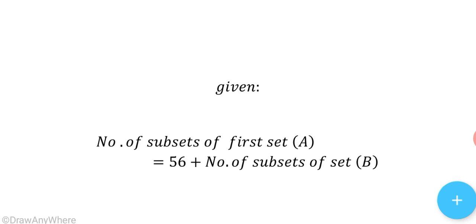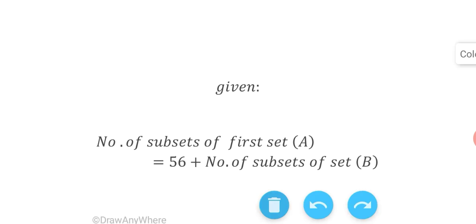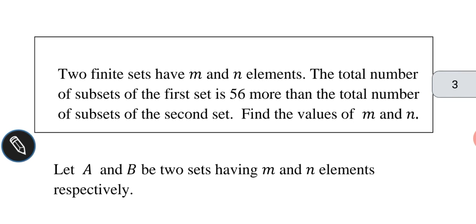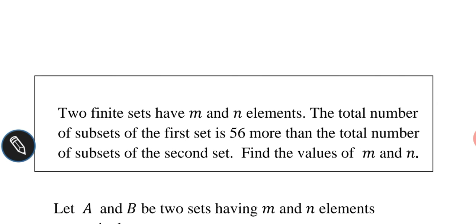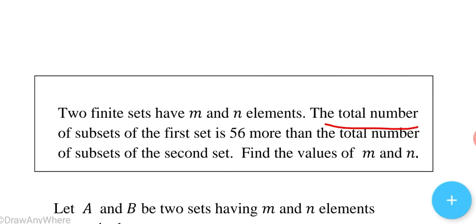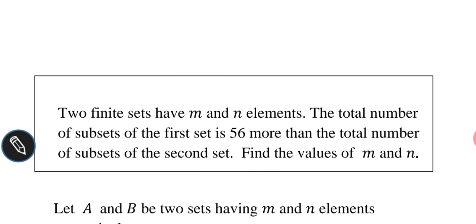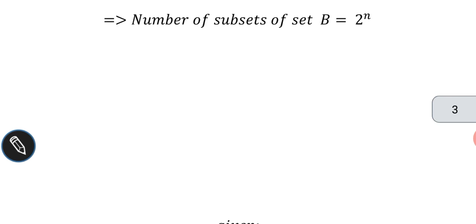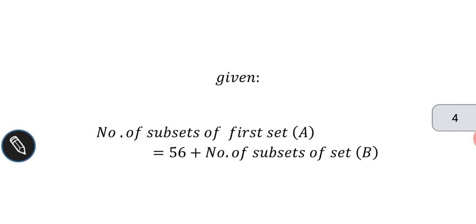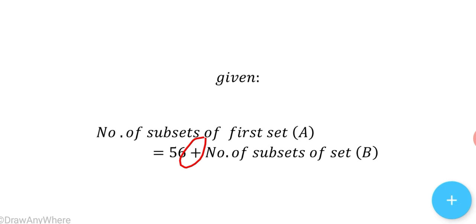of set B. In the problem they have given that the total number of subsets of the first set is 56 more than the total number of subsets of the second set. So we can write the number of subsets of the first set, which is A, equal to 56 plus.